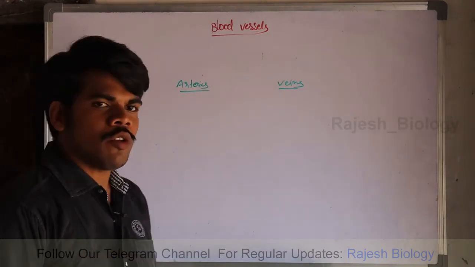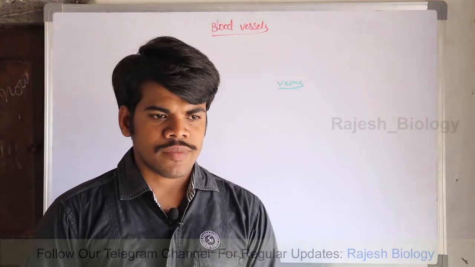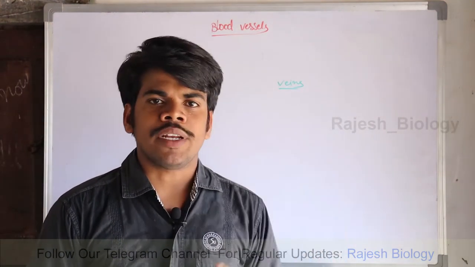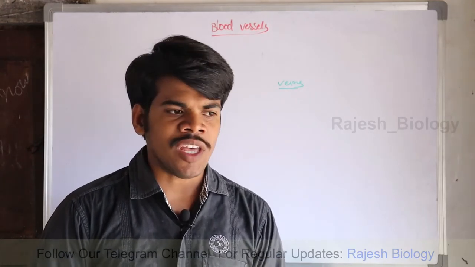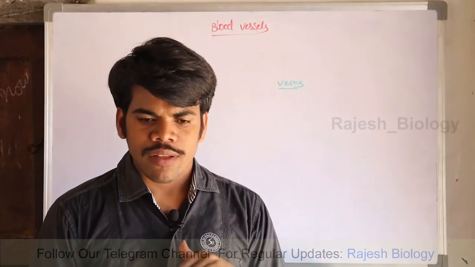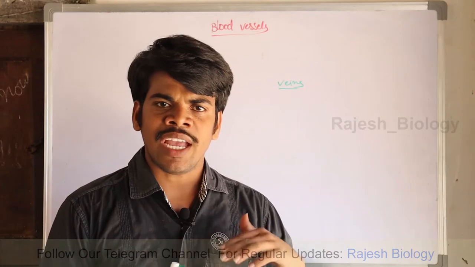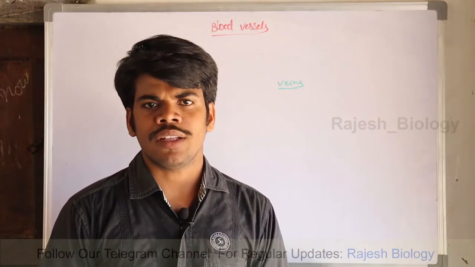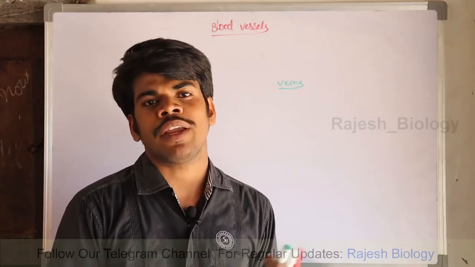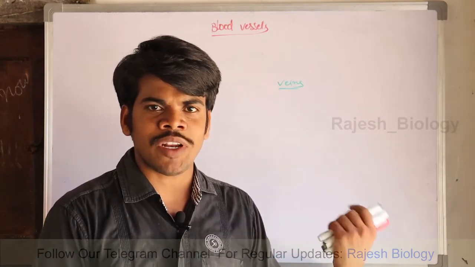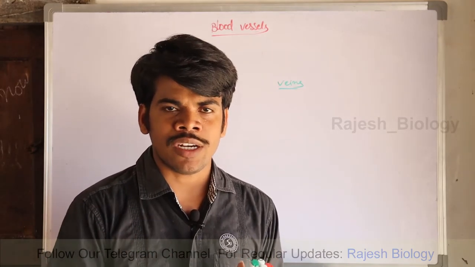Let us start with a small, fun hypothetical question and example. For example, here I have shown a human being. It is a specimen, the human body as a specimen. You have to differentiate the arteries and veins. You already know this, the blood vessels which carry blood towards the heart are known as veins, and the blood vessels which carry blood away from the heart are known as arteries. Then I removed the heart. Now you have to describe the differences between arteries and veins. There is no heart, so you can't say towards the heart and away from the heart.